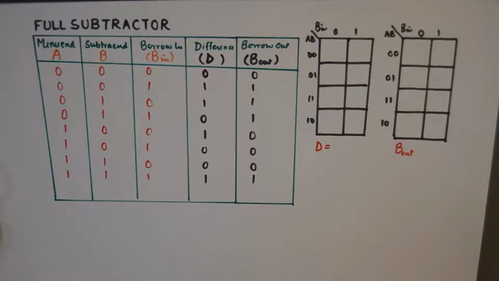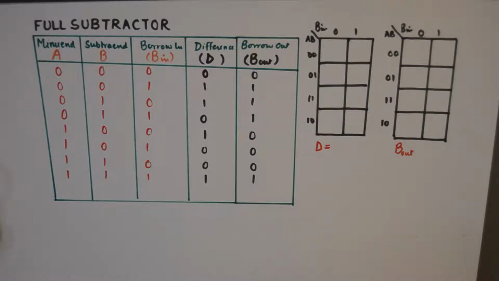Now it may sound a little weird, how can we subtract 3 bits? But in real life scenarios where bytes are being subtracted from each other, we need to take into account the borrow from the adjacent position while subtracting 2 bits, and that particular case is dealt with by the full subtractor.